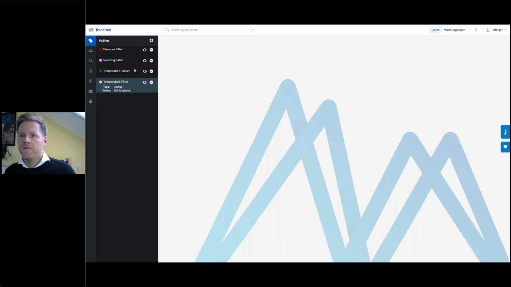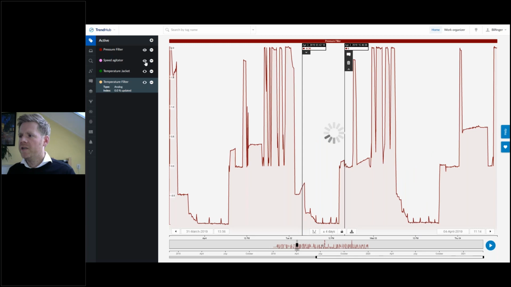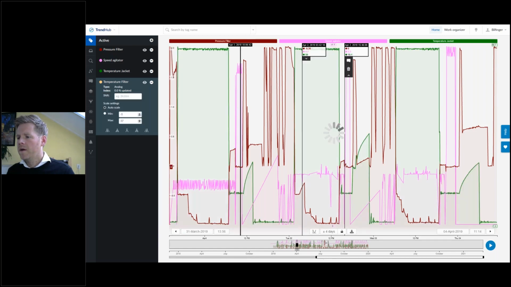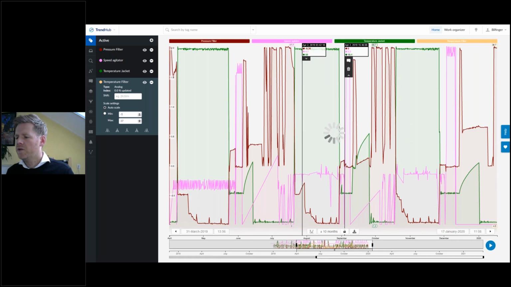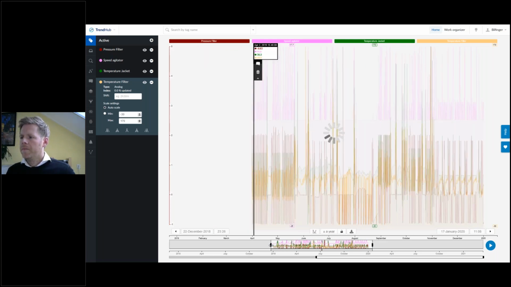On the left, you can see the 4 sensors I used. So that is the pressure of the filter, the speed of the agitator, the temperature of the jacket, and the temperature of the filter. Now let me first select a bigger time range. Okay.